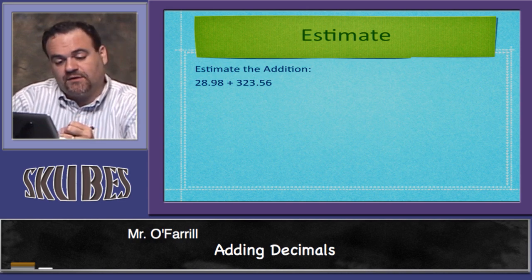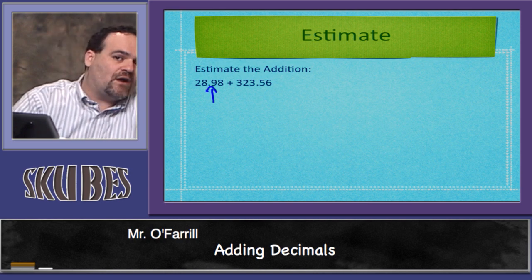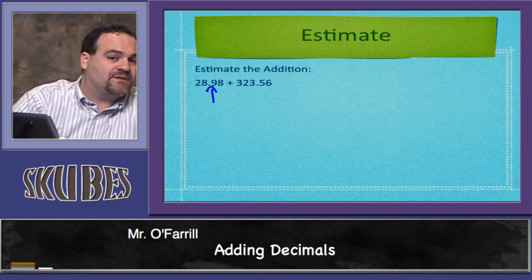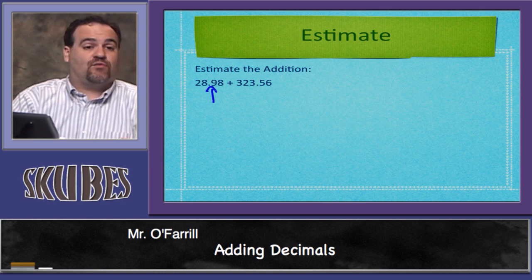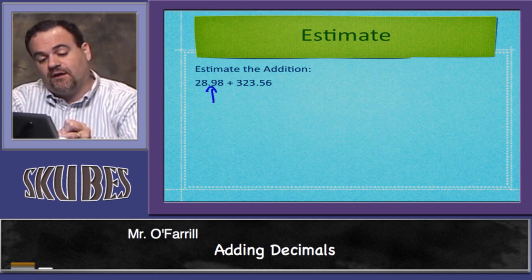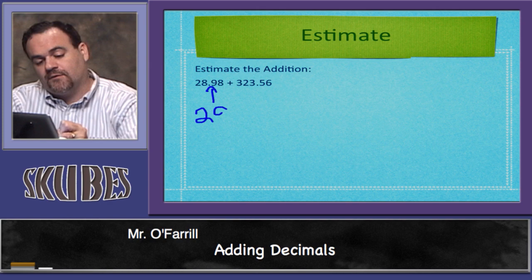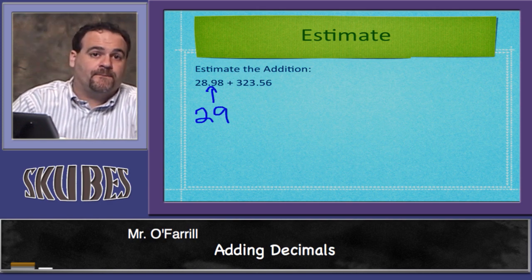First thing we'll do is take a look at our first number. If you look directly to the right of the decimal point, we see the number 9. The number 9 is larger than 5, so this 28 that's to the left is going to be rounded up to 29.